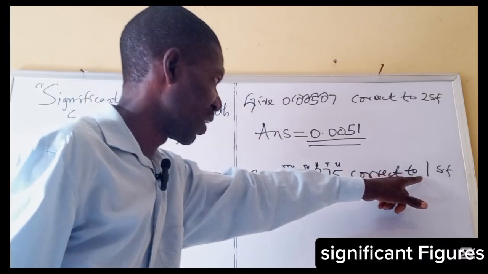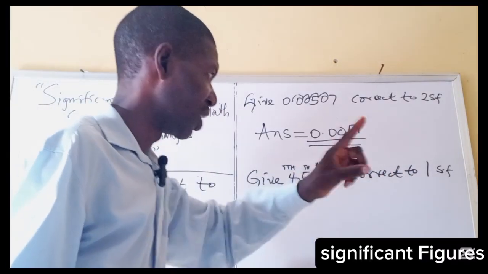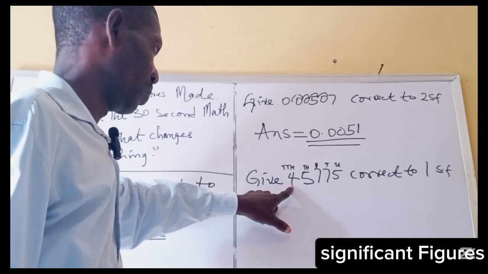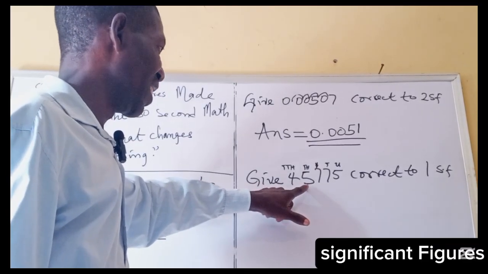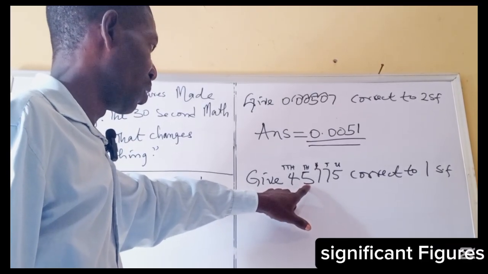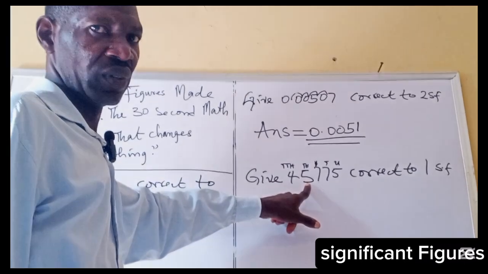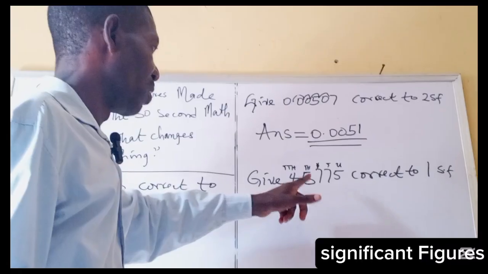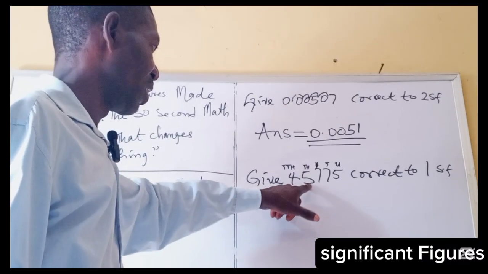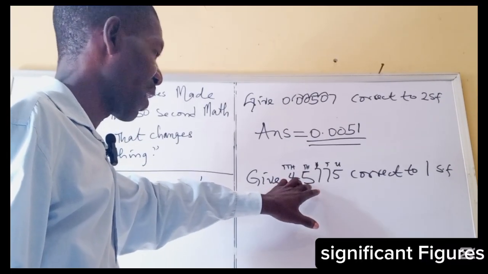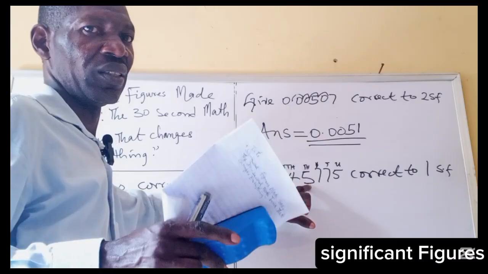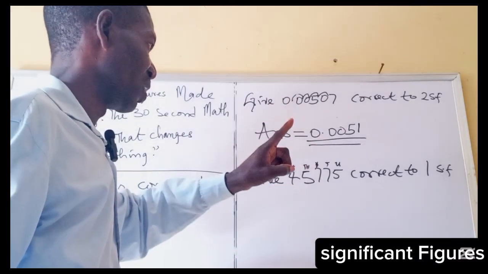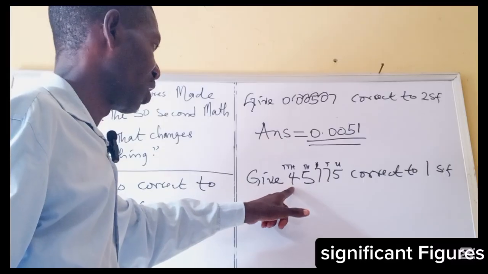We are to approximate to one significant figure. This is the one significant figure. So you look at the next figure. This next figure is 5. I told you that if you have 5 to 9 as the next figure, you round up. That is 1, and you add it to the significant figure.